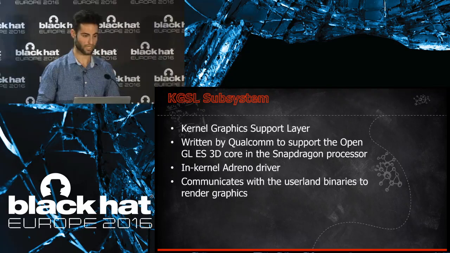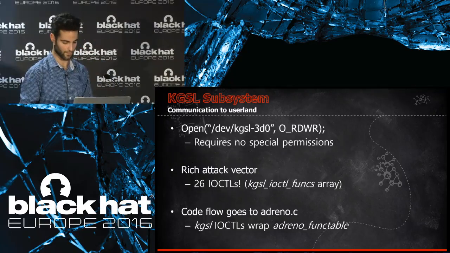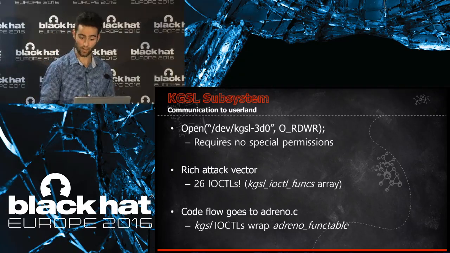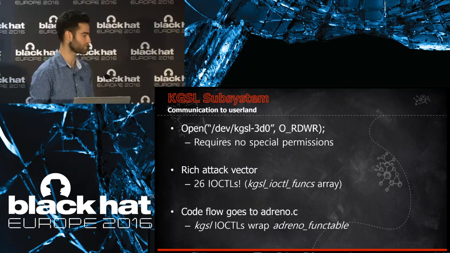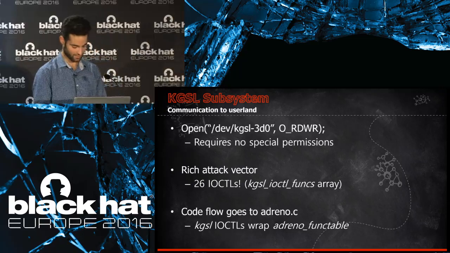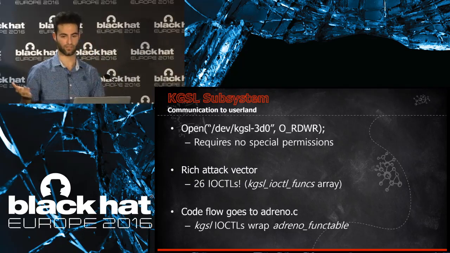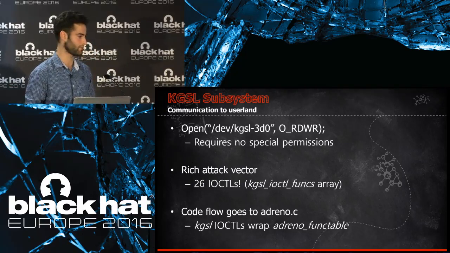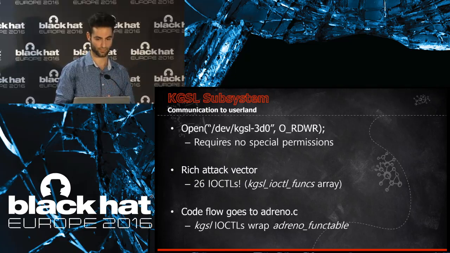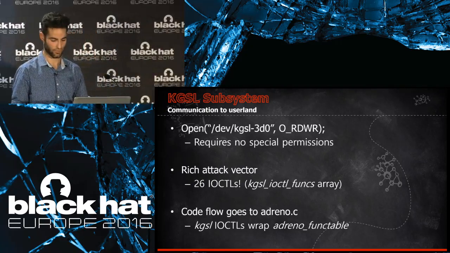Now let's see the actual attack surface here. First of all, it is accessible for any unprivileged application, even now, because it's graphics, and graphics are cool and everyone loves graphics. So we open it just by opening a device called KGSL-3D0. No permissions are needed, and it has 26 ioctls, which are wrappers to the Adreno driver.